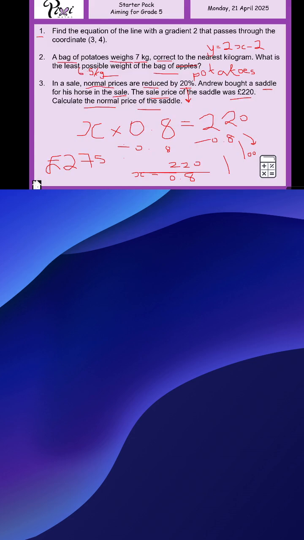Because if 4/5 of the total is 220, then 1/5 should be 55, Reg, not 54.